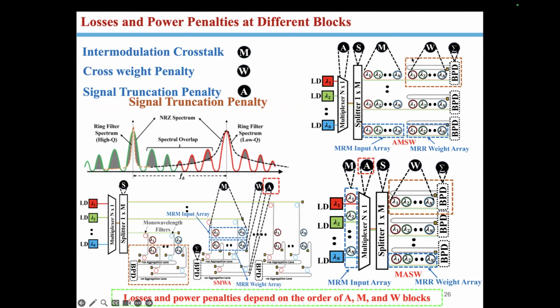So thermo-optic weighting banks give a constraint on speed. It's going to be very low speed. So we cannot change the weight of the weighting bank too frequently. So all these designs end up using weight stationary data flows, right?